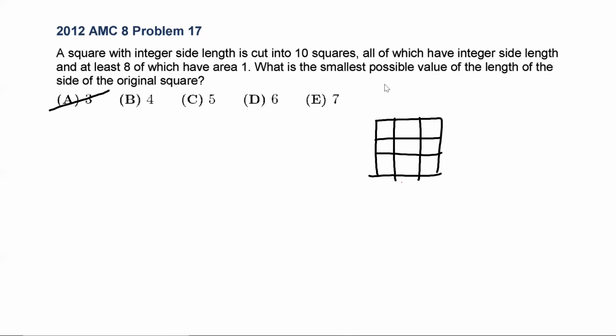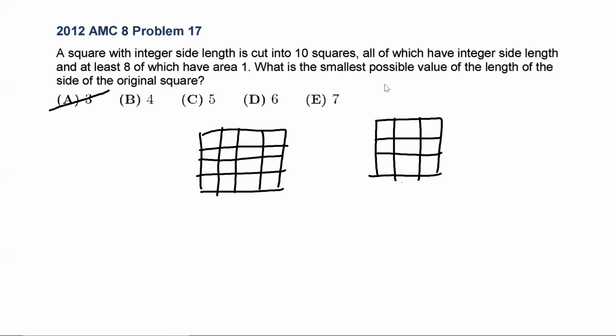So if you go one up and you try to do a 4 by 4 square, then they require that 8 squares have area 1, which means they have side length 1, and that means 2 of them have to have side length greater than 1. And you could try 2 squares having side lengths of 2 by 2.